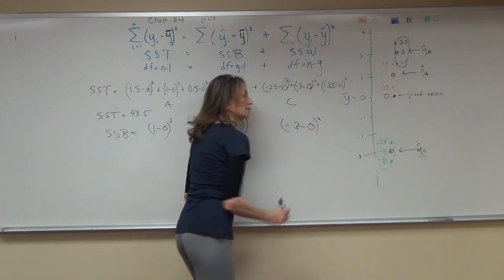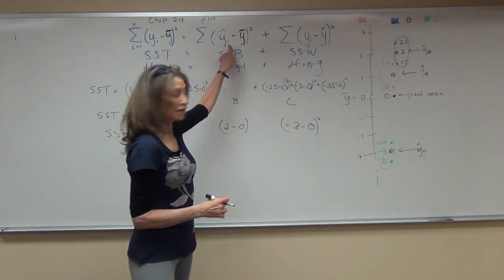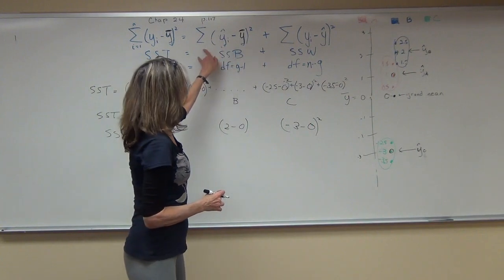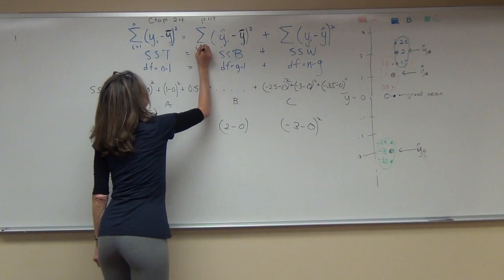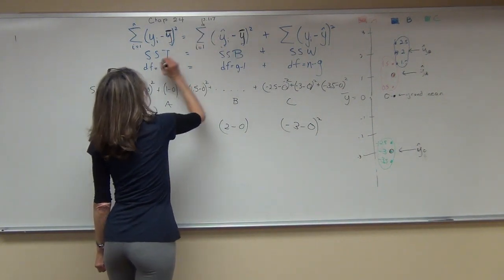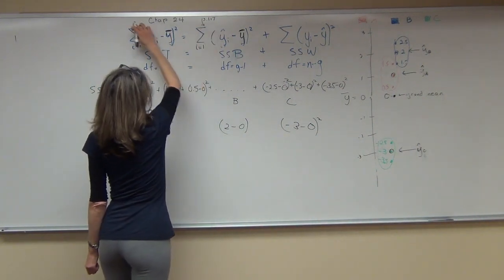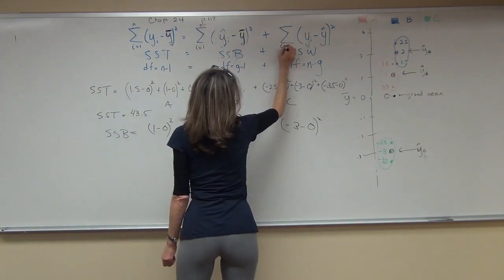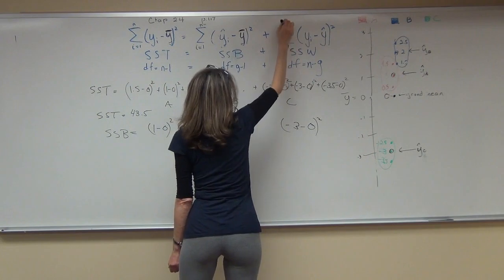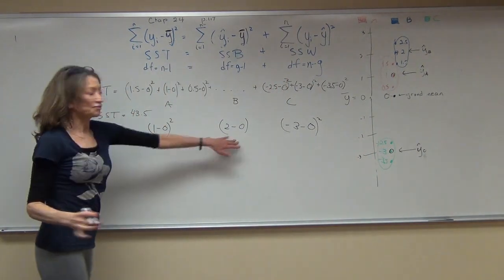Now we have to remember, this is for i equals 1 to 9, all 9 points. We only have 3 here.